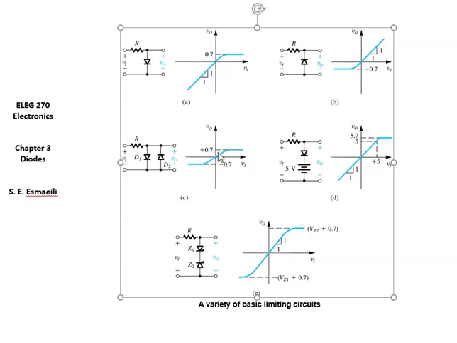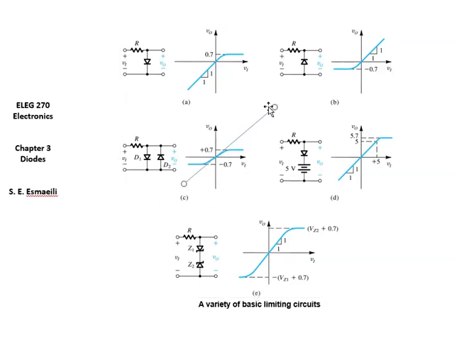So this is how you have limited it both at plus 0.7 and at minus 0.7, where the input was still going from minus infinity to infinity, but the output looked like this. So this is one example. Try to explain D and E for yourselves as well, and if you couldn't make sense of it, come back to me with your questions.